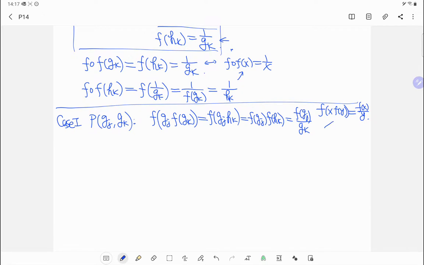So it satisfies this one, checked. For case 2, we pick gj and hk.